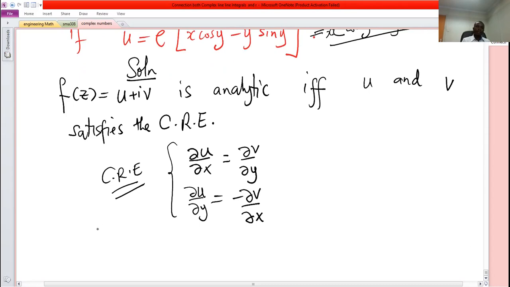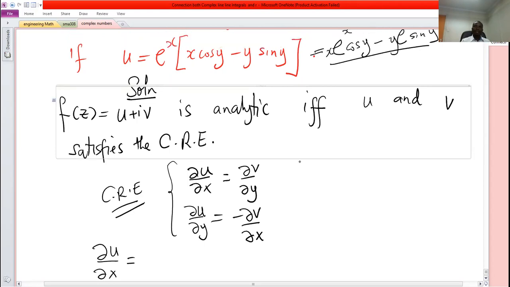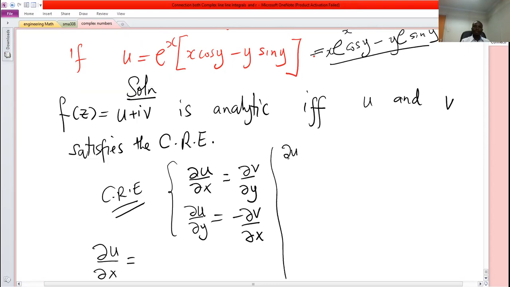So partial u partial x: let this one be u, this one be v. u prime is 1 times v, I get e raised to the power x cos of y, then I multiply by this, I have plus x e raised to the power x cos y.